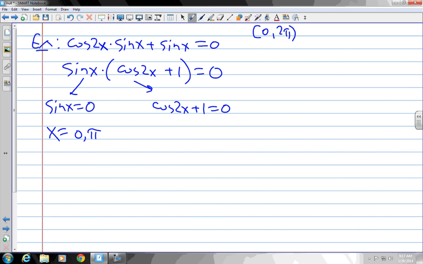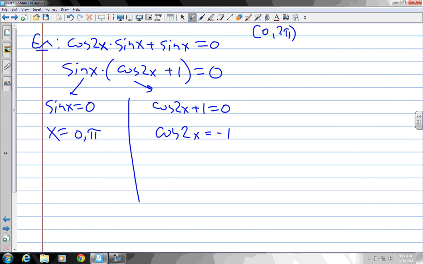So that's nice. Now, there are many ways to solve cosine 2x plus 1 equals 0. Actually, that one's almost silly. But cosine of 2x has to equal -1. So again, we can do it the way we did the first method.